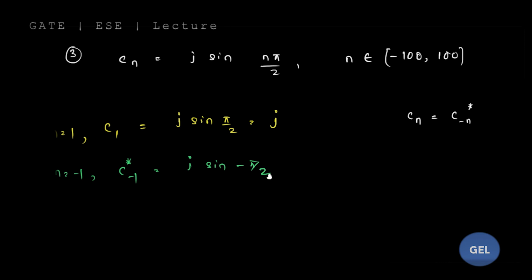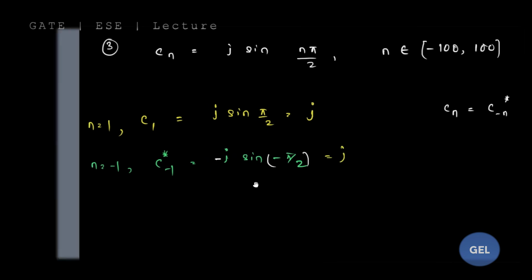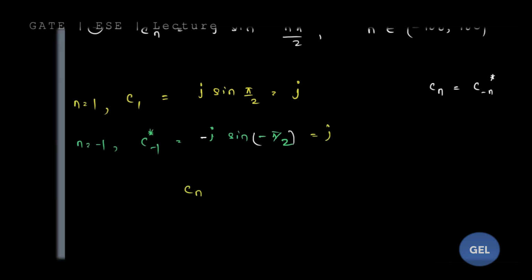So the conjugate of c of minus 1 gives minus j, and in place of n I replaced minus 1, so sine of minus pi by 2 makes it come out to be j only. Clear this concept? Now you can see your cn equals the conjugate of c of minus n.